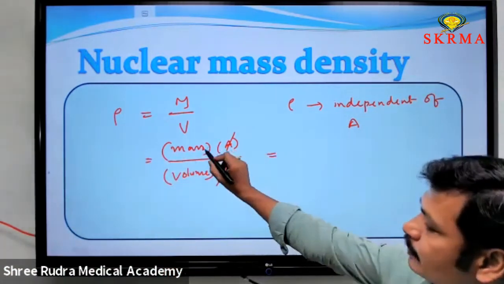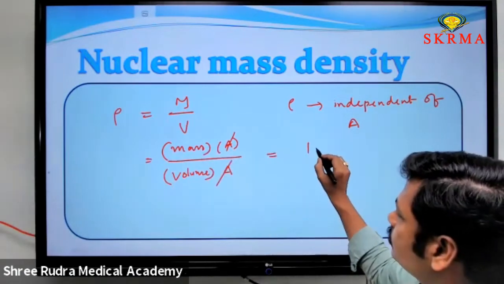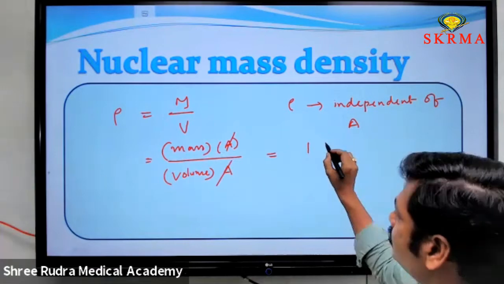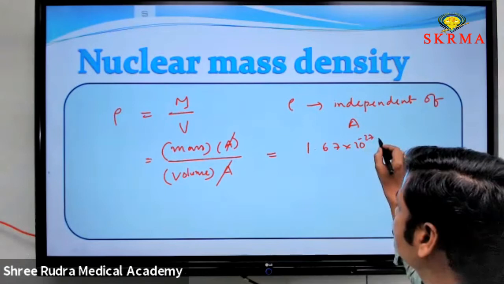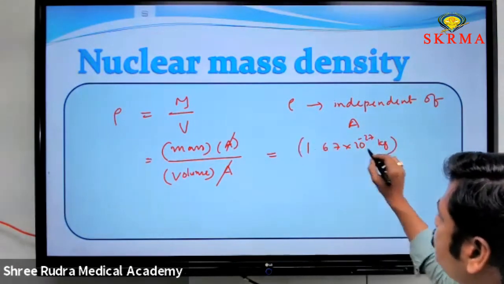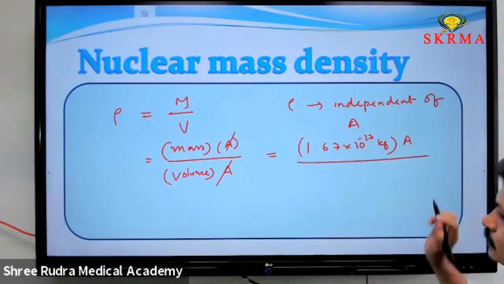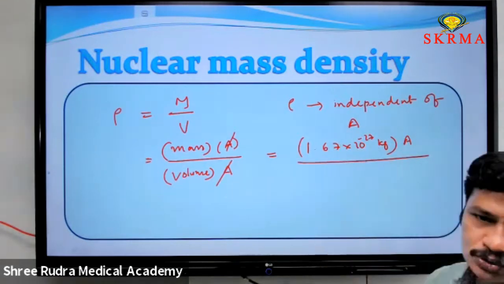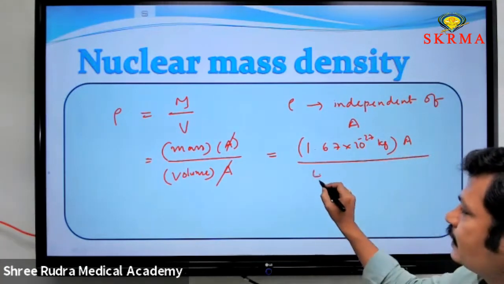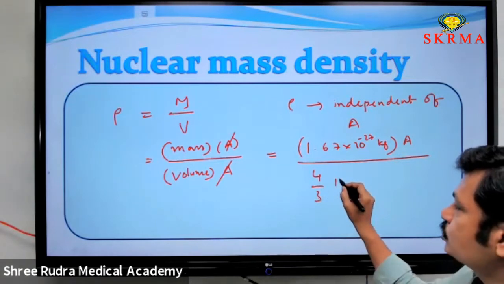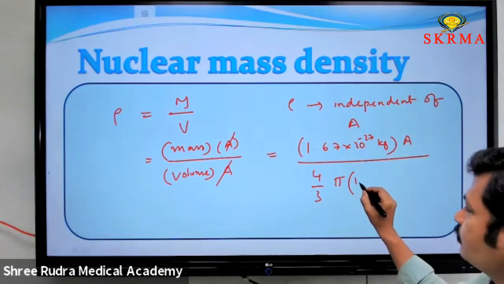If you want to write numerical values for this equation, how can you write? Let us take the mass of the nucleus. The mass of each nucleon is about 1.67 times 10 to the power minus 27 kg, so the mass is that unit times A. The volume of the nucleus, treated as spherical in shape, is 4/3 pi r cube, where r is 1.3 times 10 to the power minus 15 times A power 1 by 3, the Fermi constant.